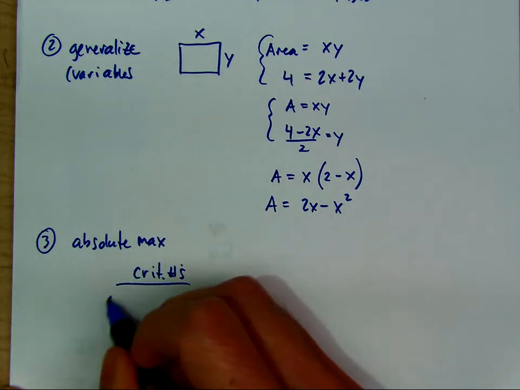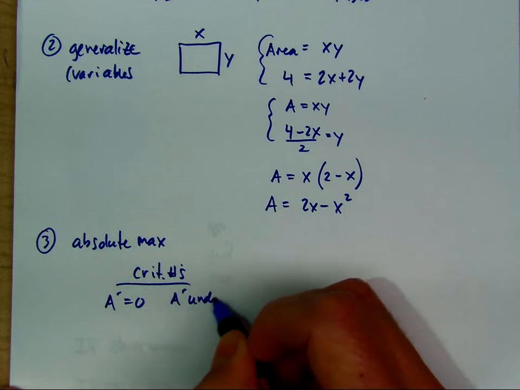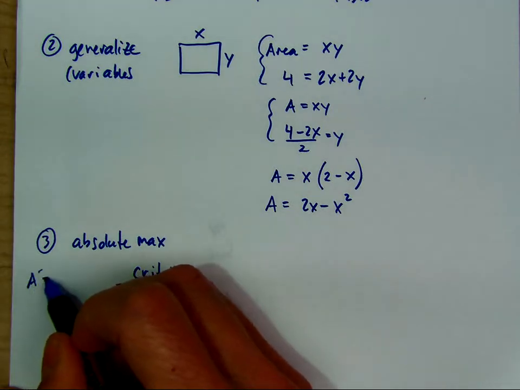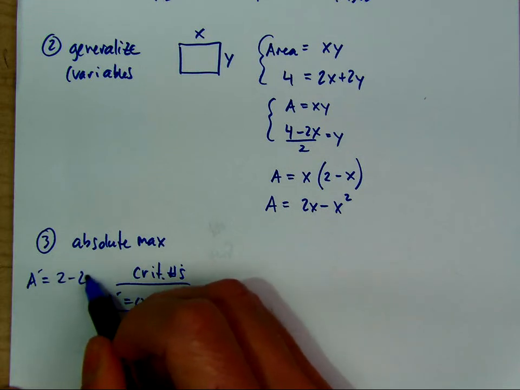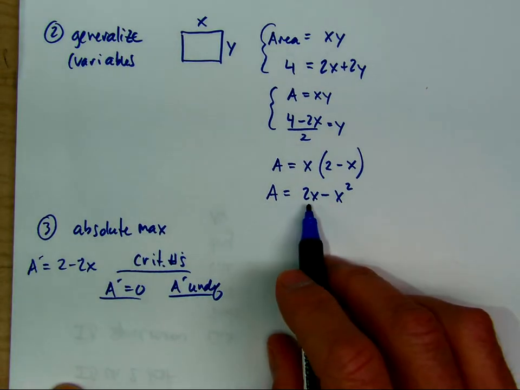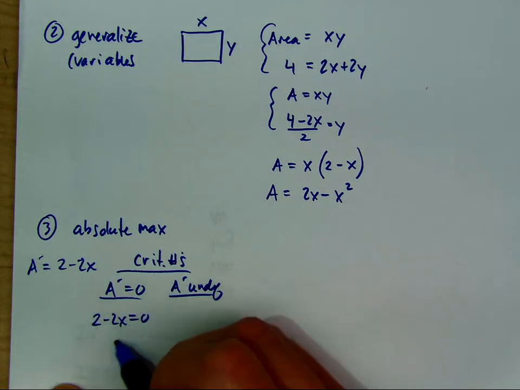Critical numbers are when A prime is 0 or A prime is undefined. And A prime is 2 minus 2x. Take the derivative of the area, and then we have A prime equals 0.